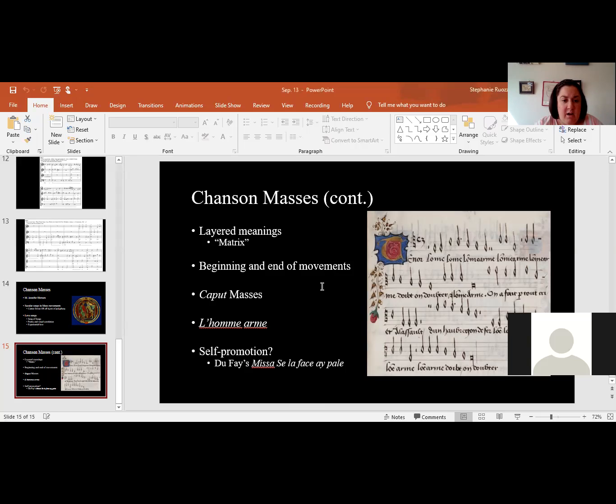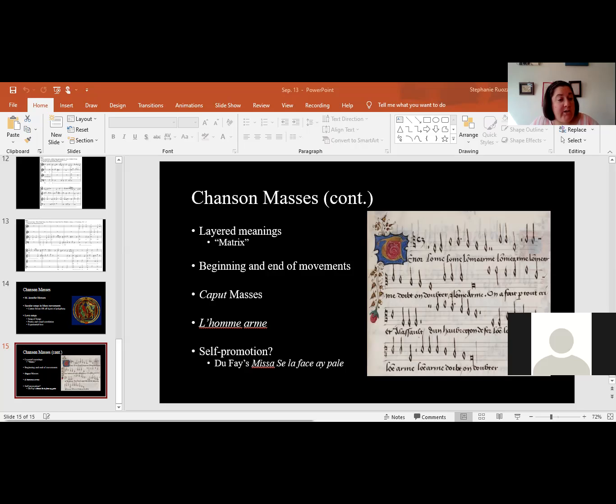Now, popular sources were, for instance, this set of masses called caput masses. And we call it caput because that's the text beneath the original melisma that we are riffing on. So caput masses are riffing on an anonymous English chanson.